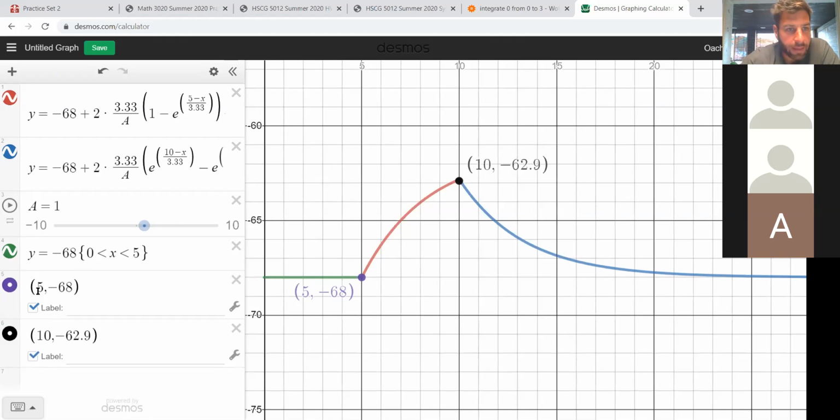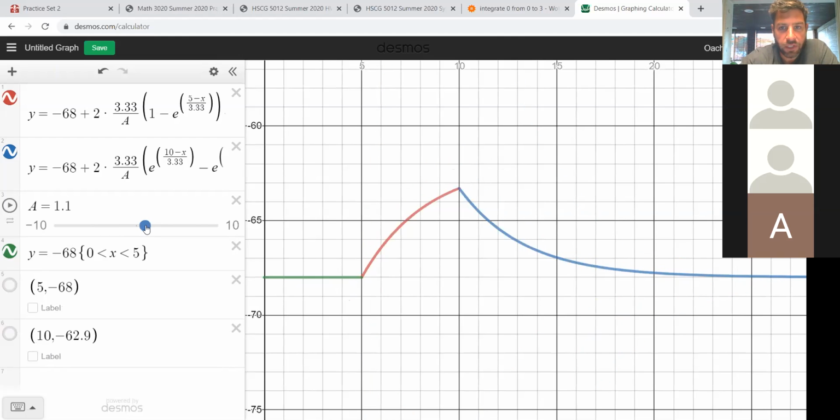Now, watch what happens if I change this constant that I had before, this A. Let's just say A changes around. You see the shape of the graph changes a little bit. So depending on what these constants are will affect how this works. For large values of A, it starts to flatten out, as you would expect.